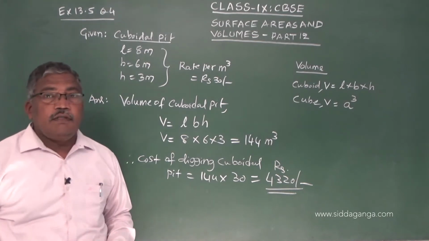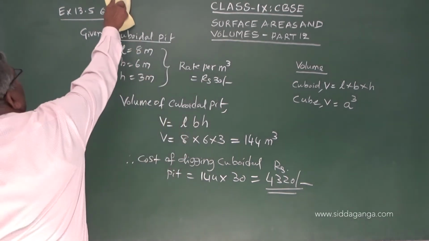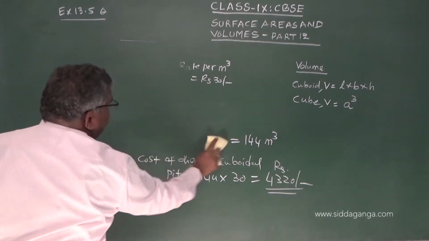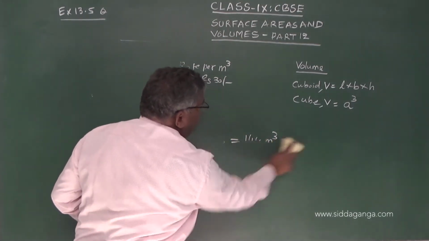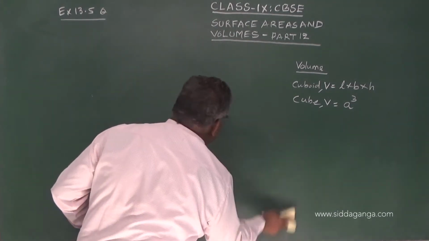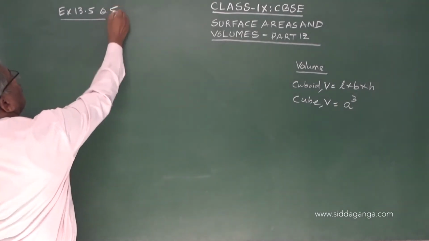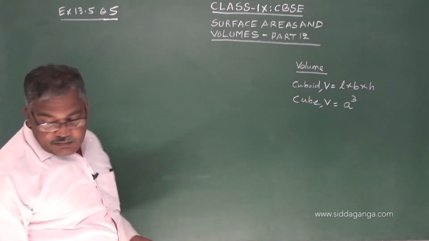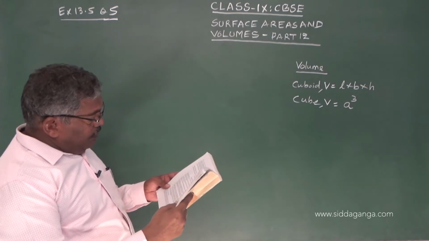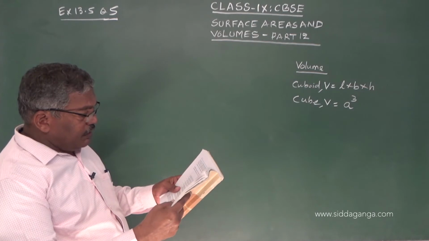Now, please note down. I will move on to the next one now. Fifth question. Question number 5. Capacity of a cuboidal tank is 50,000 liters of water.